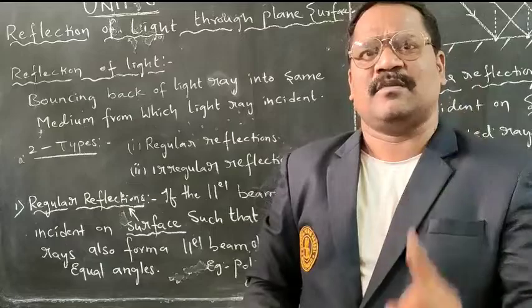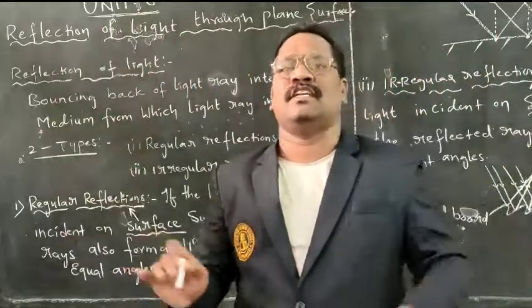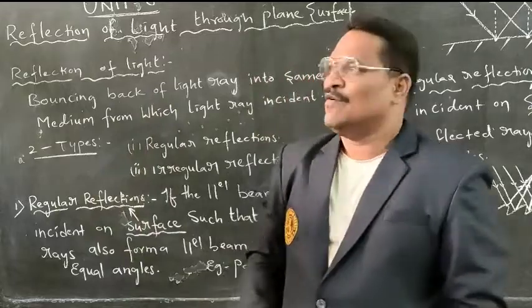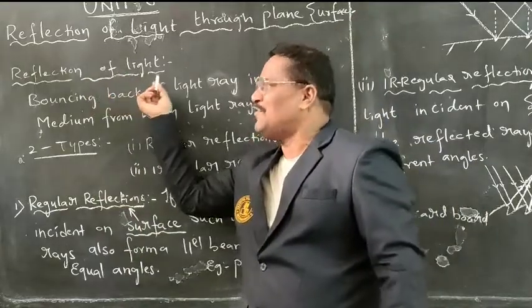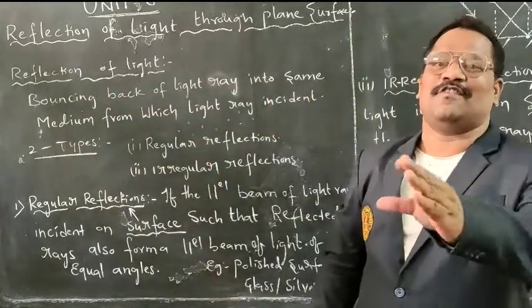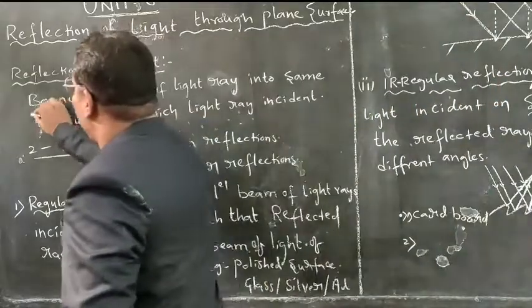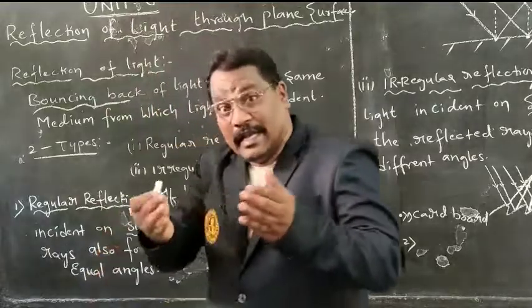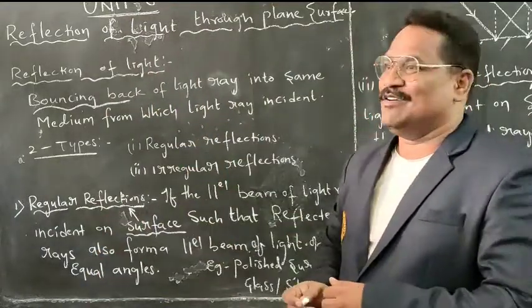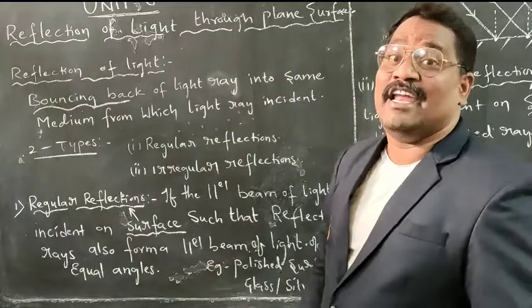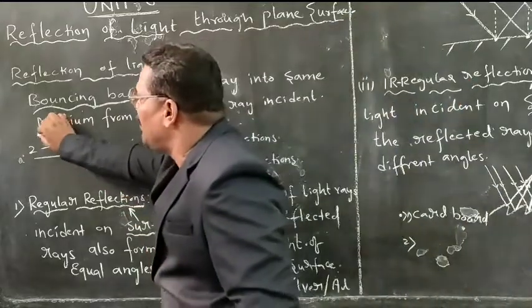So the basic principle to see any object is nothing but reflection of light. What is called reflection of light? Reflection of light can be defined as the bouncing back or returning back of a light ray into the same medium.